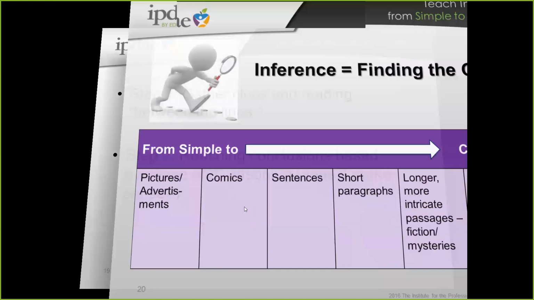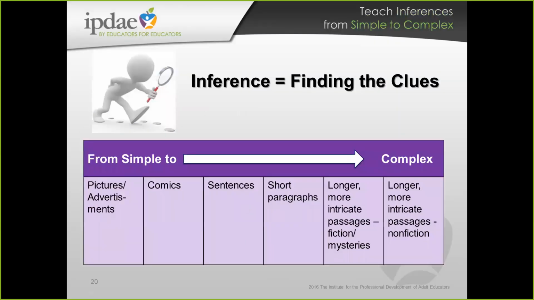Does it make sense? But oftentimes, Susan and I see, as we are working with inference, that we start at those things on the right, those longer, more intricate passages, both in fiction and nonfiction, instead of helping our students make inferences at a simpler level by looking at pictures, advertisements. That should be the first step, the first type of resource each and every one of us uses in our classroom.